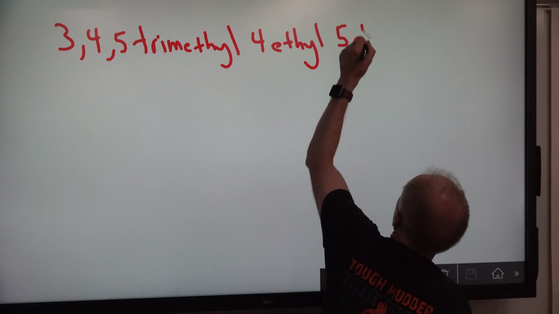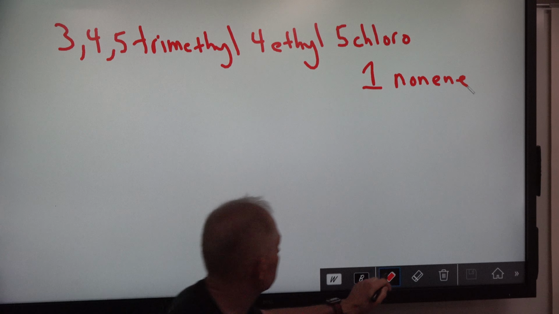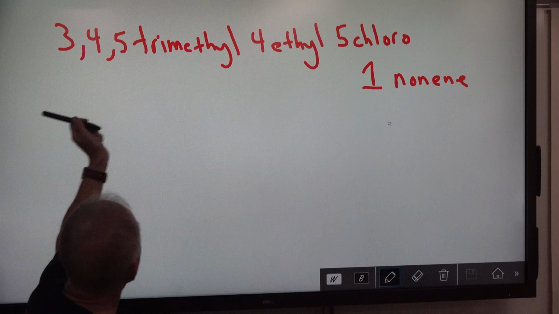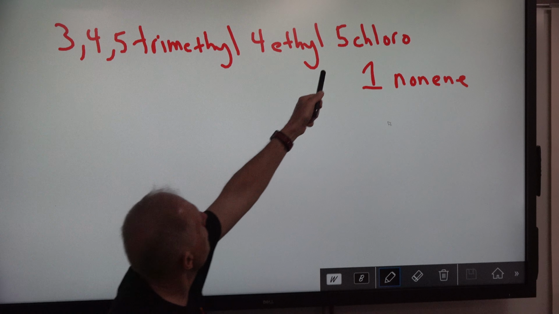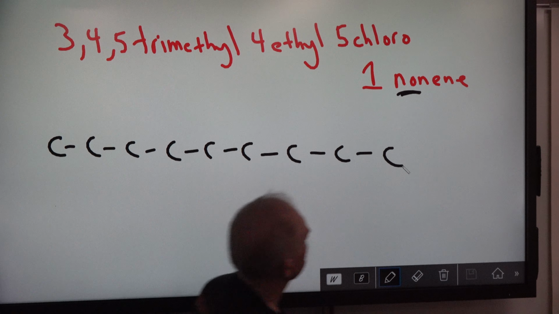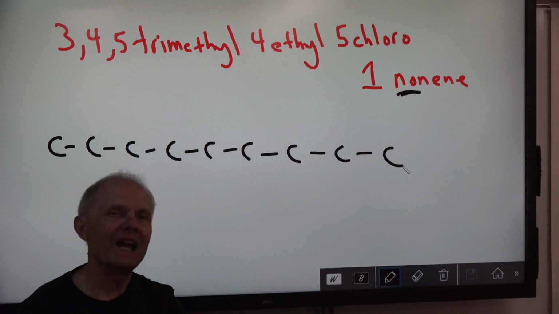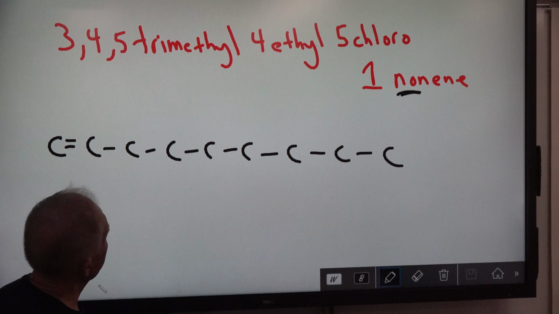I don't have enough room here, so I'm going to put it down here. 1-nonene. Okay? So rules. This looks huge. 3,4,5-trimethyl, 4-ethyl, 5-chloro, 1-nonene. So we know non, got to have 9 carbons. It's ene, so that's a double bond after the first carbon. So there's a double bond after the first carbon.